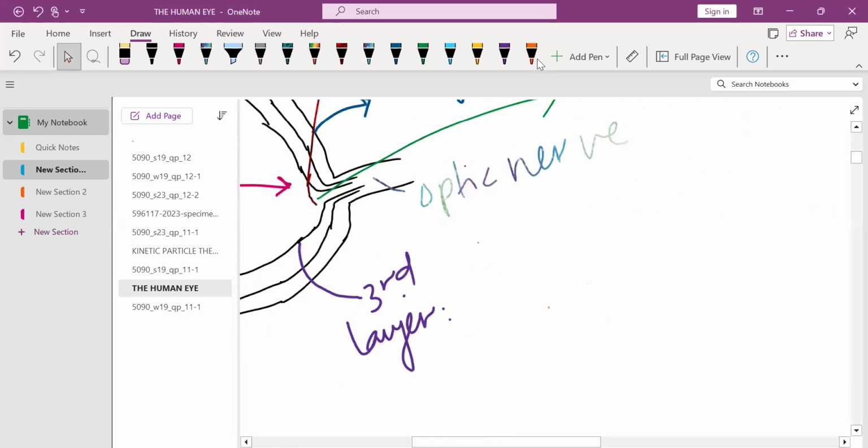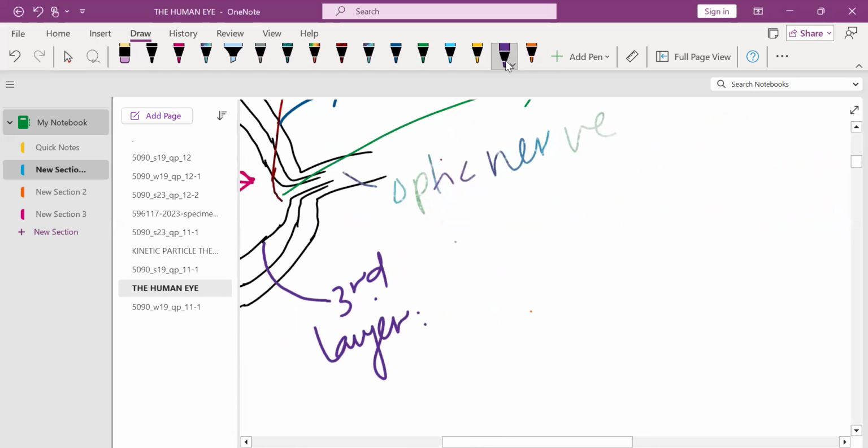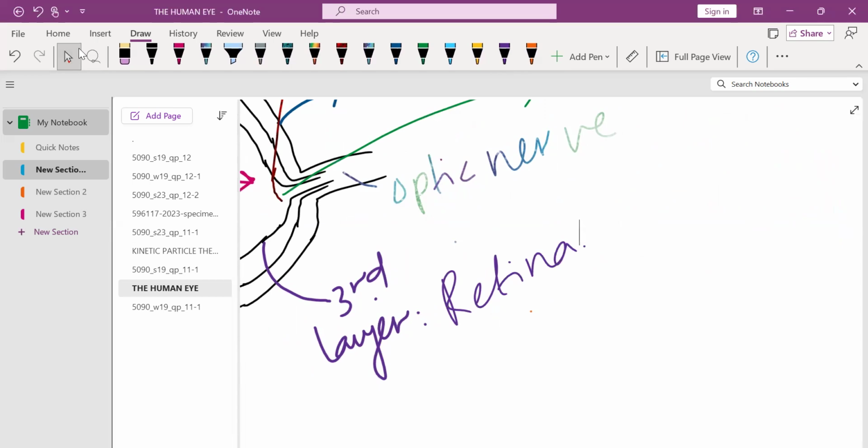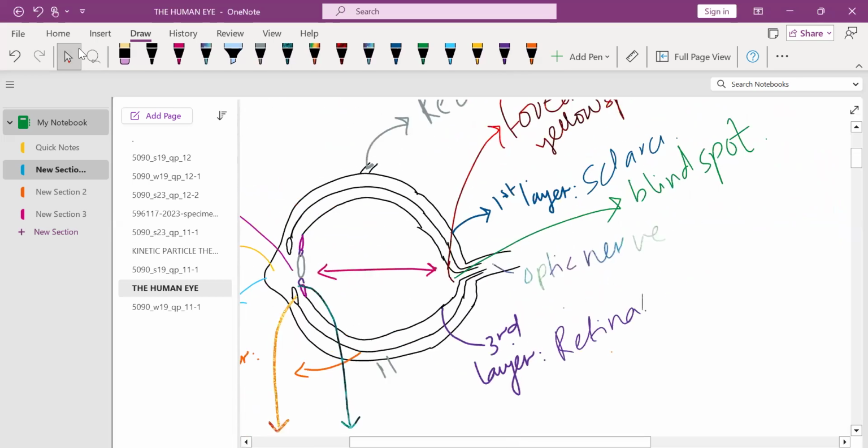Then the third layer of the eye is the retina. Here the image is formed. Then this portion that I have highlighted using a multicolor pen is the optic nerve, where the nerve impulses are sent to the CNS, central nervous system.